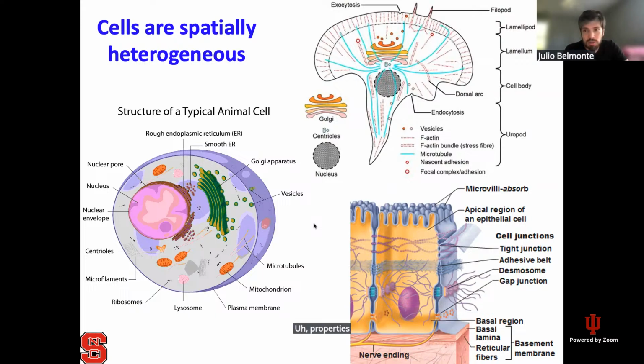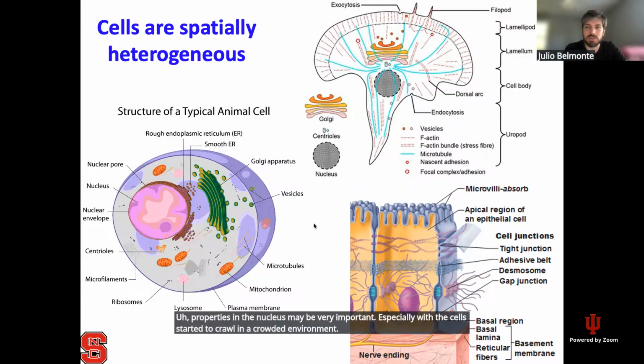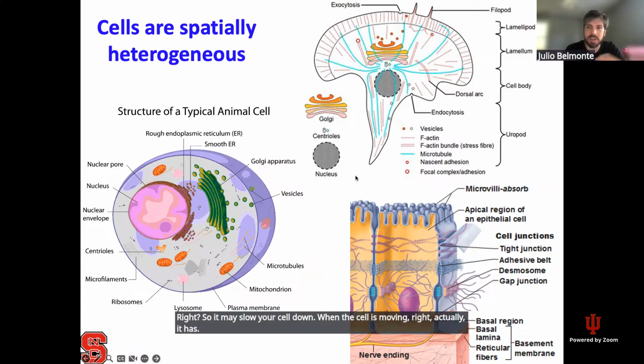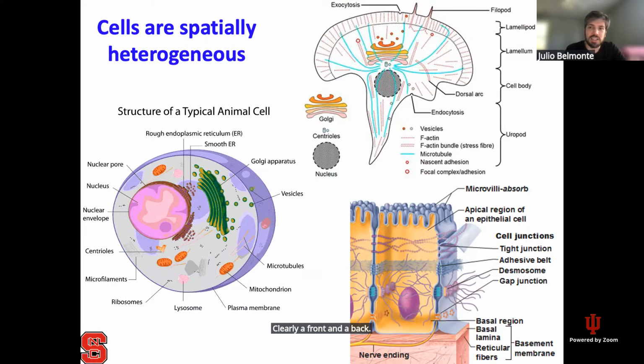properties. The nucleus may be very important, especially if the cells start to crawl in a crowded environment. The nucleus is harder to compress, so that may be an issue. It may slow your cell down. When the cell is moving, it clearly has a front and a back, a side to it.